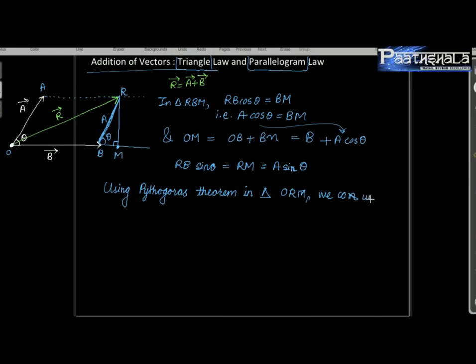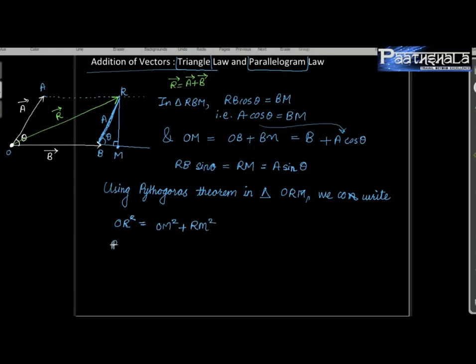OR square is equal to OM square plus RM square.